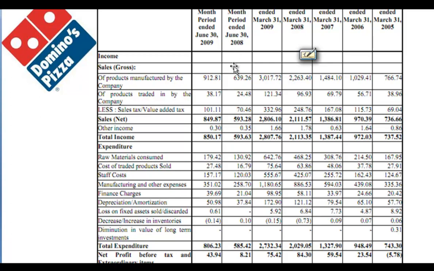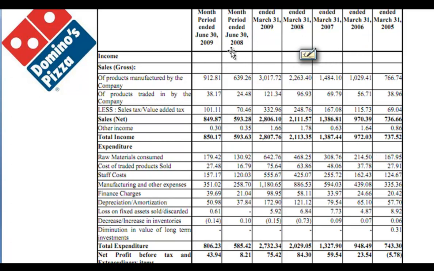Typically a public company, a company that's listed on the stock exchange, always reports its results on a quarterly basis, on a 3-month basis. So 3 months ended June 30th, 2008 basically means this column represents Domino's profit or loss statement for April, May, and June, those 3 months. And similarly here, April, May, and June 2009.